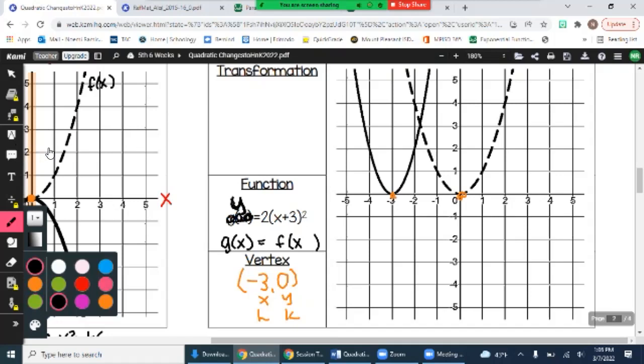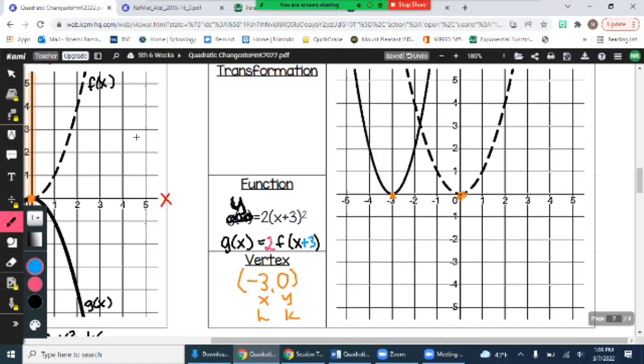All right, what do we put in front of that f of x? The 2. Now, because we have a +3 on the inside, what does that really mean? That it's a negative. And do we have anything on the outside? No. So that 2 represents A. If A is 2, what does that mean?